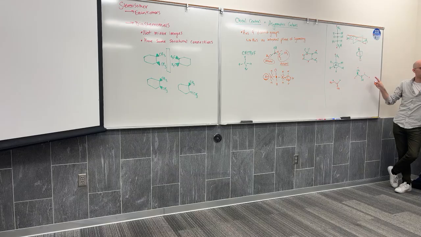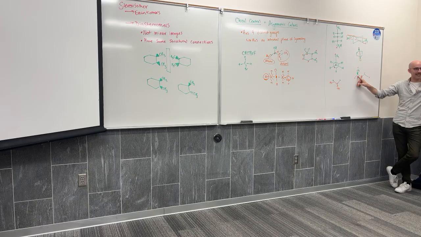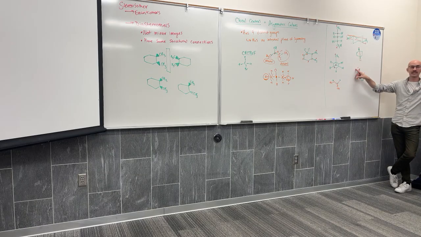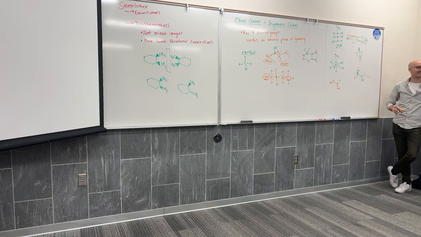Did anybody disagree with that? I'd like to hear what made you think otherwise. Okay. Now what about this one? It's bonded to H, CH3, CH3. Oh, already achiral. 2 methyl groups doesn't make it chiral.